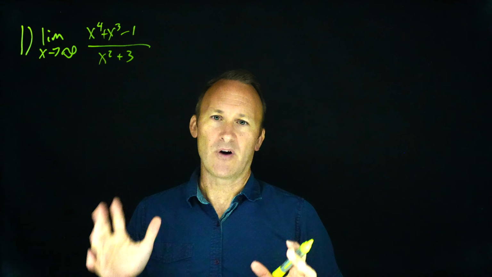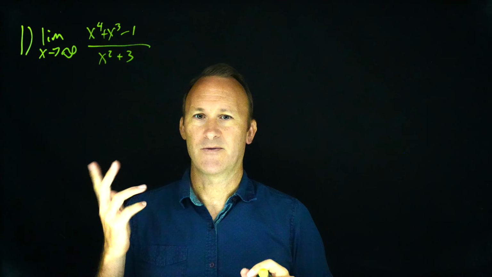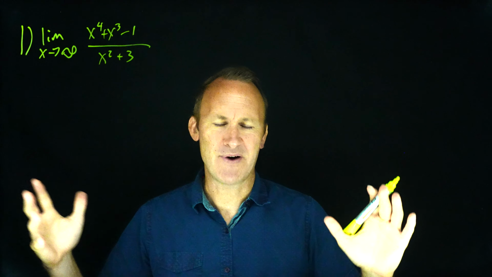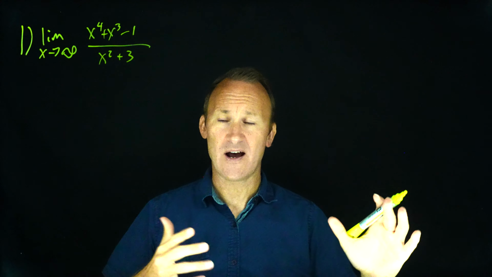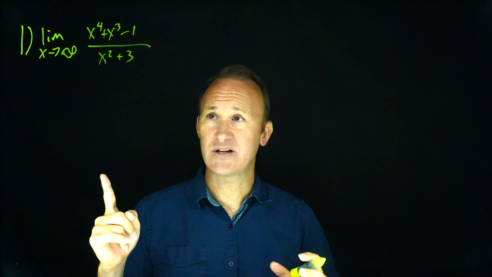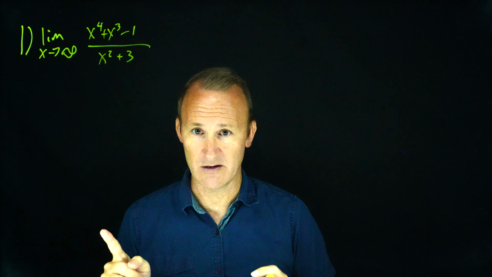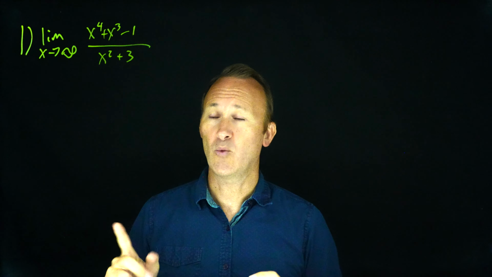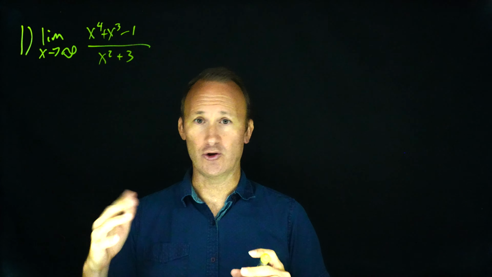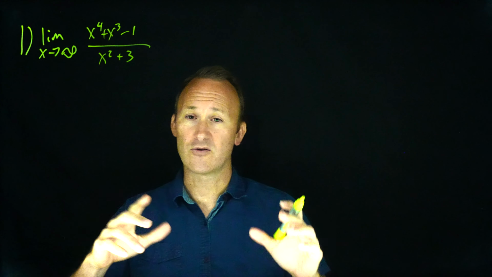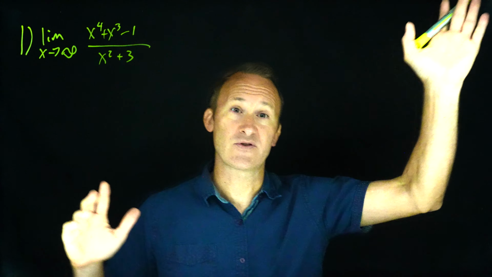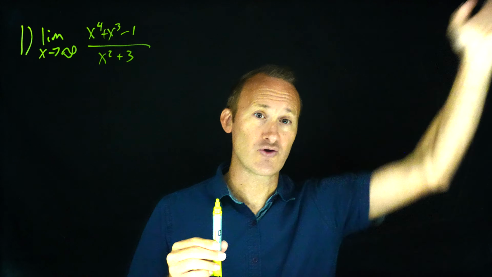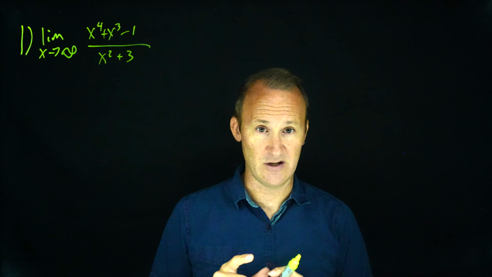The way to look at problems like this is to look at what's the highest power. Is it in the numerator or the denominator? Now the highest power here is actually in the numerator. And what that means, if you look at a curve, I don't know what this curve is going to do, but eventually the x to the fourth is going to dominate and it is going to shoot off to positive infinity.